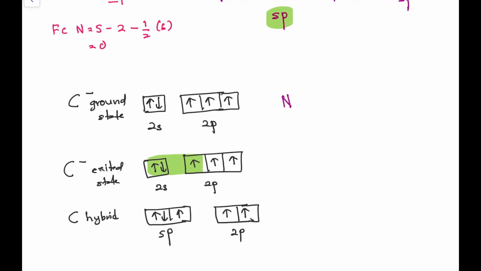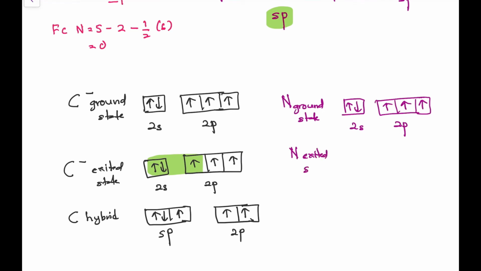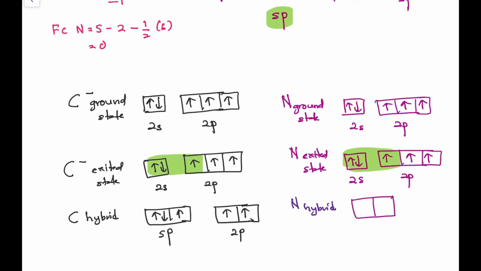Because the charge on nitrogen is 0, and nitrogen also has 1 lone pair, we need to keep the lone pair. And we only hybridize sp, so these two only.